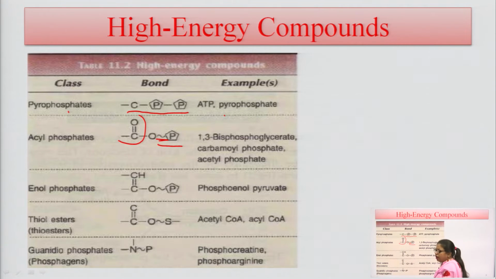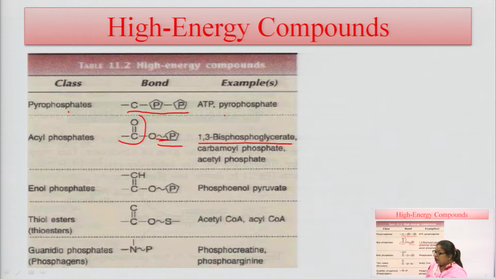So, this acyl phosphatase is required for the formation of high energy compounds, and examples of acyl phosphatase are 1,3-bisphosphoglycerate, carbamyl phosphate, and acyl phosphate. These are intermediate products which are synthesized in the metabolism of carbohydrates, lipids, and proteins.